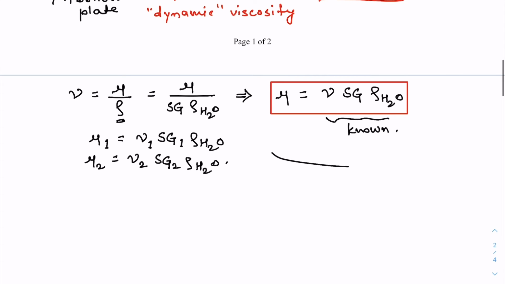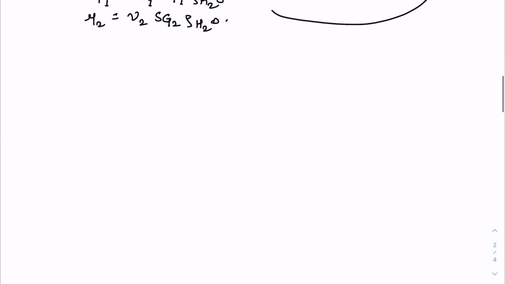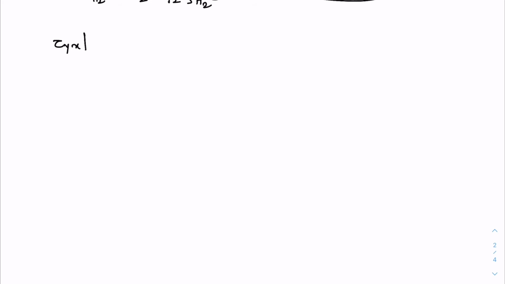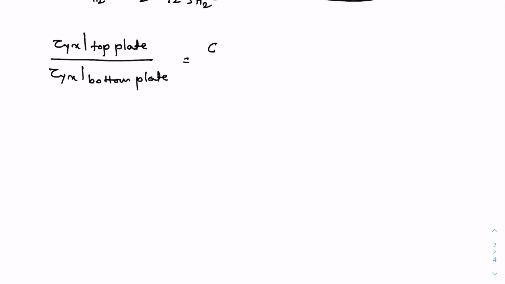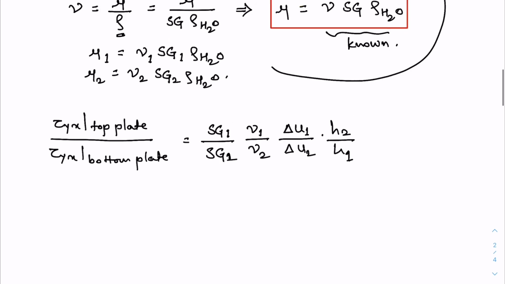So just substitute these in the ratio, and what you will find out is that tau yx on the top plate divided by tau yx on the bottom plate is nothing but the ratio of specific gravities, the ratio of kinematic viscosities, the ratio of change in the velocities, and the ratio of fluid film thickness as H2 and H1.